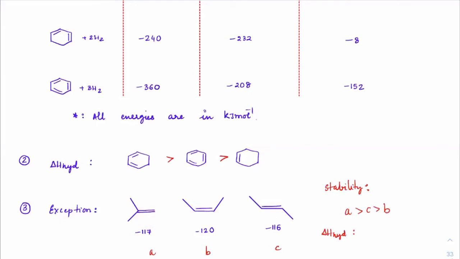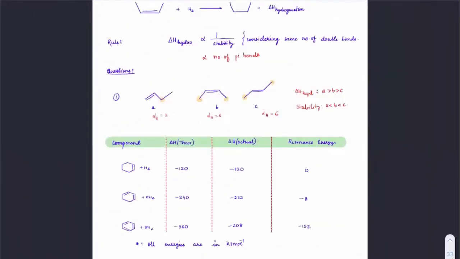So slightly less energy. I would suggest you remember it like an exception. Okay, so this is the only exception you will find in the case of delta H hydrogenation. Okay, make a note everybody. Possibly the two bulky methyl groups will not allow hydrogen to add easily.